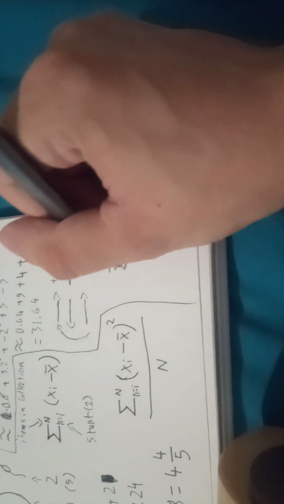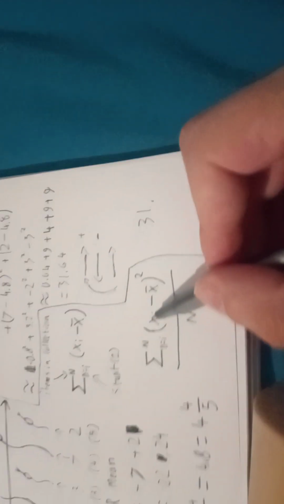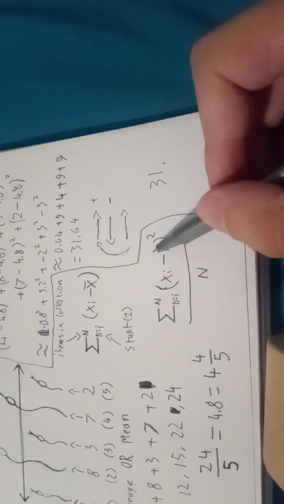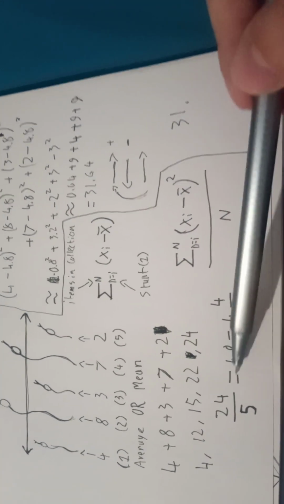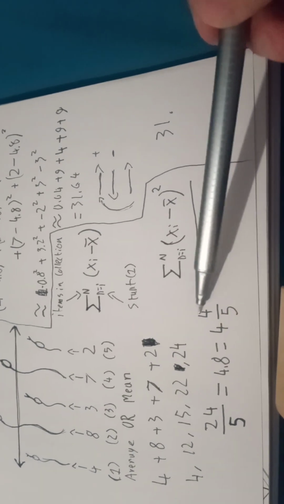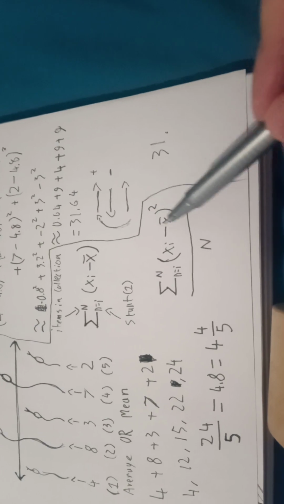So when you see that, all it is saying is, first off you need to work out what the average value is, which is what we did here. We added everything up, we divided it by 5, we got this, and then we're like, okay, we know that, so this is now 4.8.